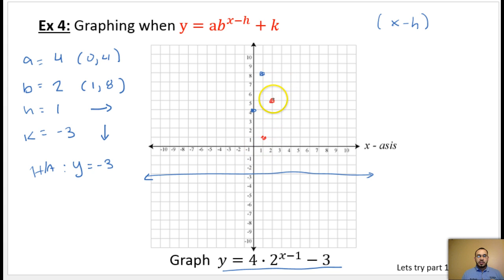So, having these 2 points, we can go ahead and draw our curve as best as we can and bring it all the way down to our asymptote. Here we go. And there we go. It gets very close, but it never touches. And that is, we're done. So let's go ahead and move on.